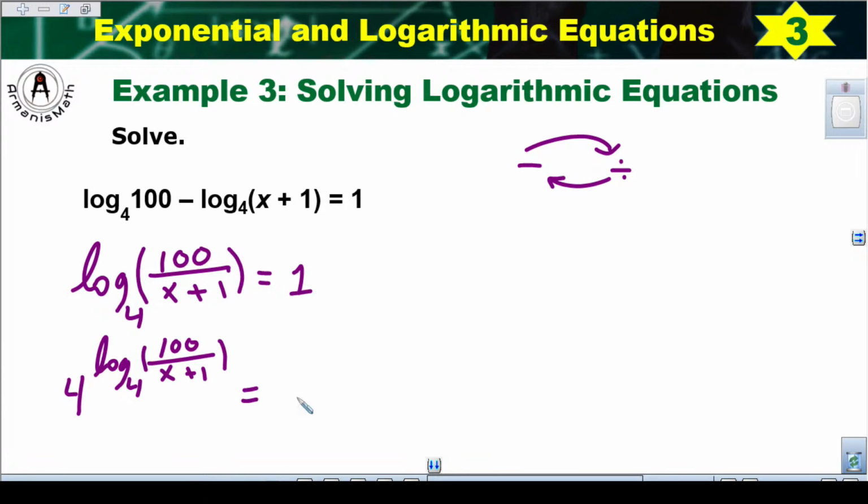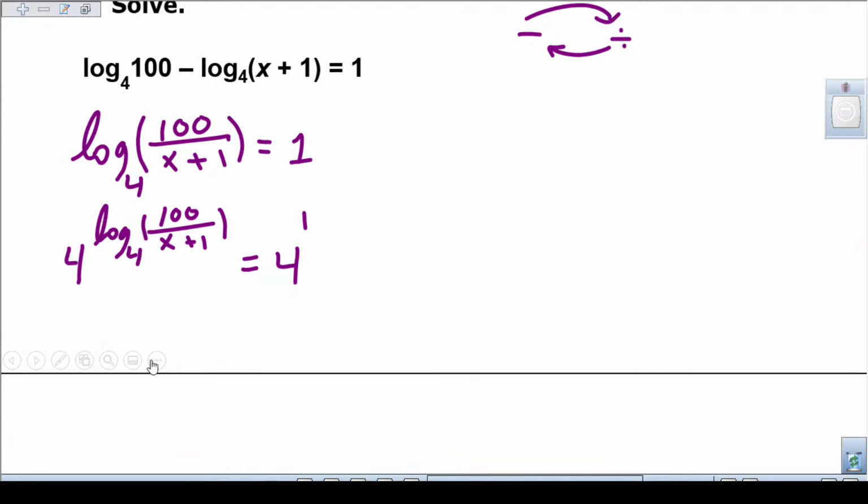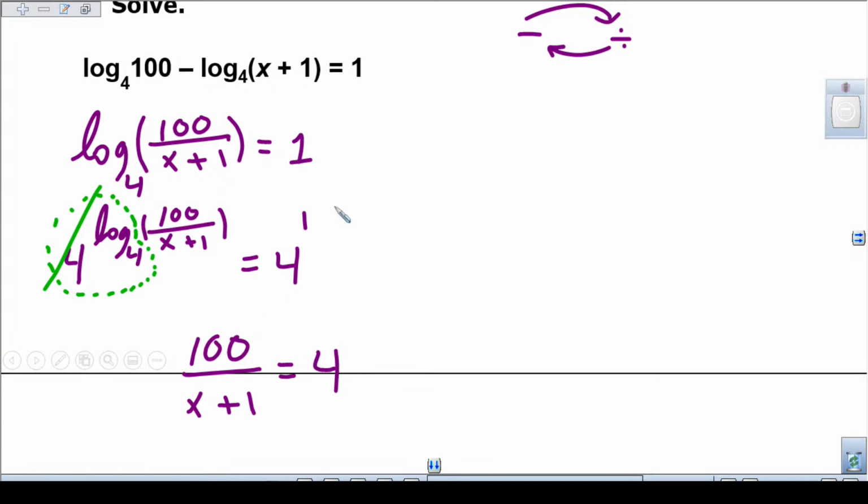That's going to give me a 4 as base to the first power. This thing is going to disappear, which is going to leave you with 100 divided by x plus 1 equals 4, because 4 to the first power is 4.